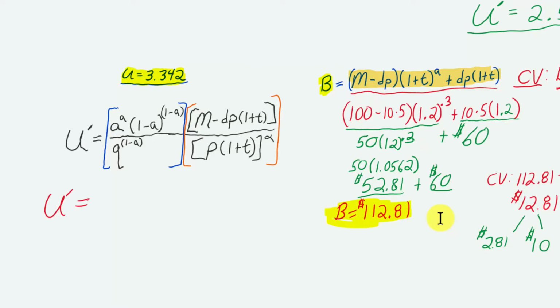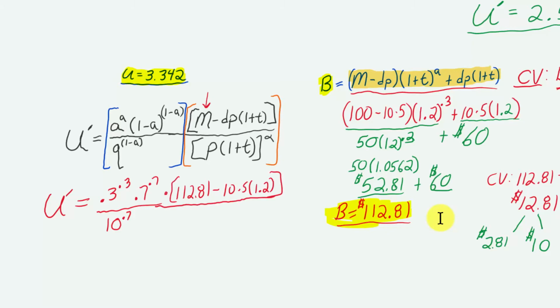The new utility with this larger budget of $112.81 is going to be 0.3 raised to the 0.3 times 0.7 to the 0.7 over the price of good Y raised to the 0.7 times, let's put in the new higher budget here, $112.81 minus 10 units times 5 times 1.2, the 1 plus t, divided by, on the bottom, all multiplied times each other, of course, 5 times 1.2 raised to the 0.3.